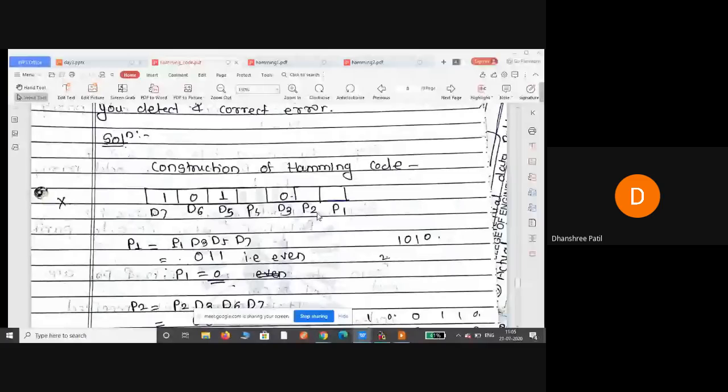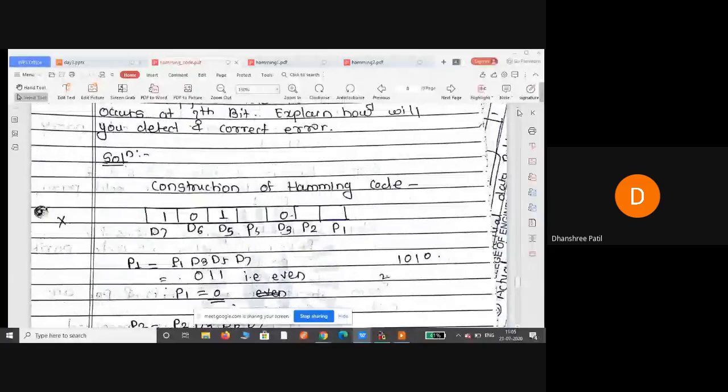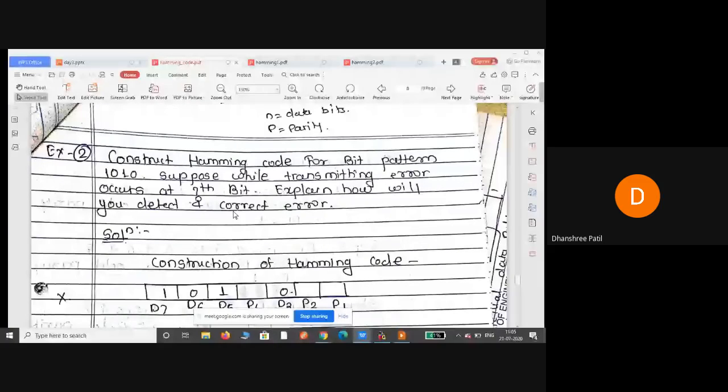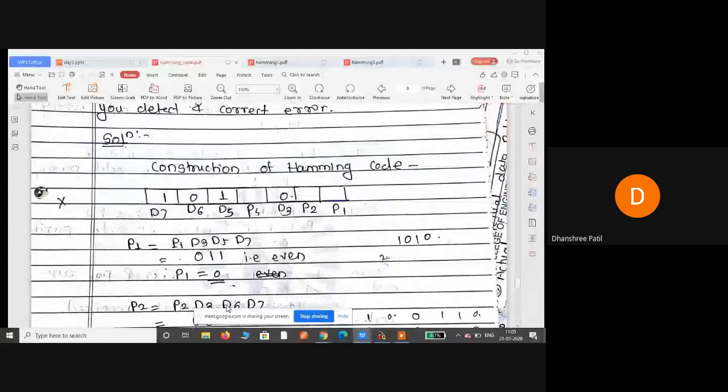Have you understood how to construct it? If 4-bit data is given, I know how to calculate the parity bits. The parity bits are 0 if even and 1 if odd. That way we can calculate the values of the parity bits and we will have the total Hamming code. Okay, so it's easy. No need to explain it again.